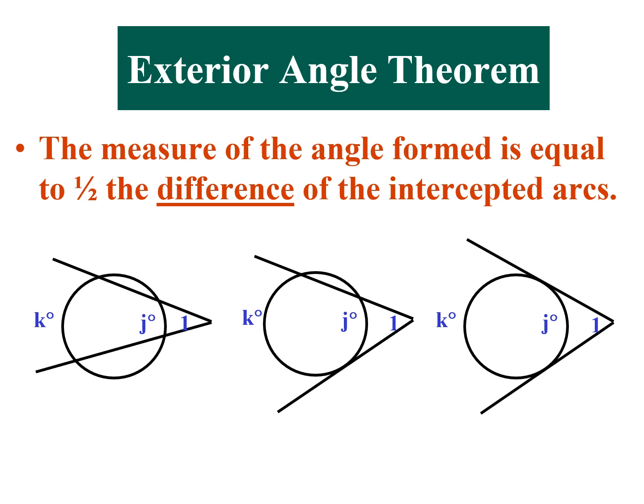The measure of the angle formed is equal to half the difference of the intercepted arcs. So this time it is the difference, so we are going to subtract. To solve for measure angle 1, it is equal to 1 half times k minus j.